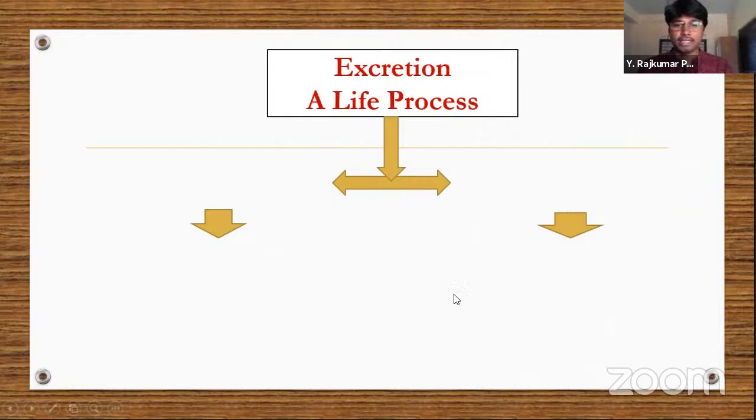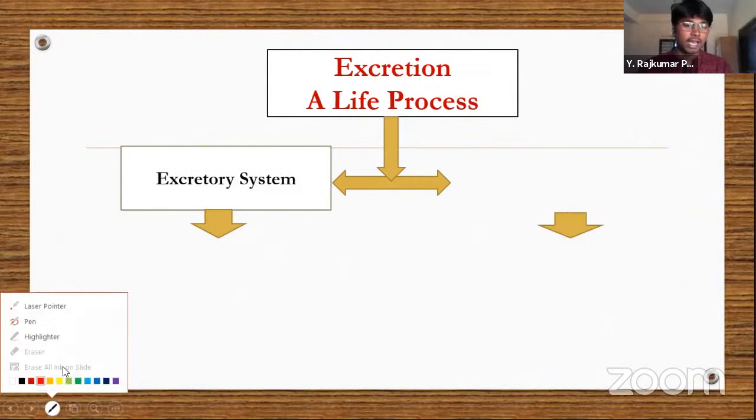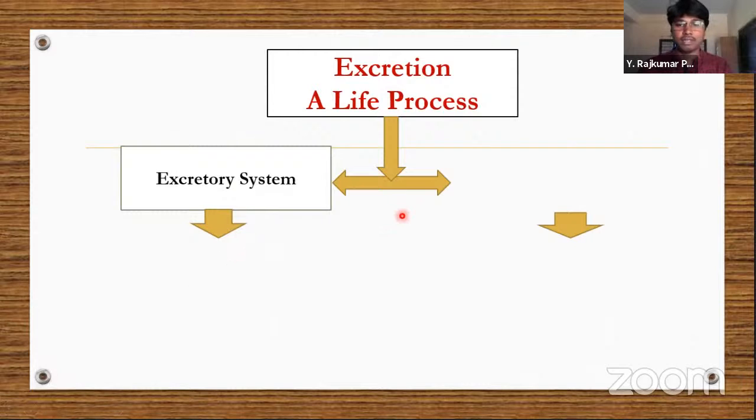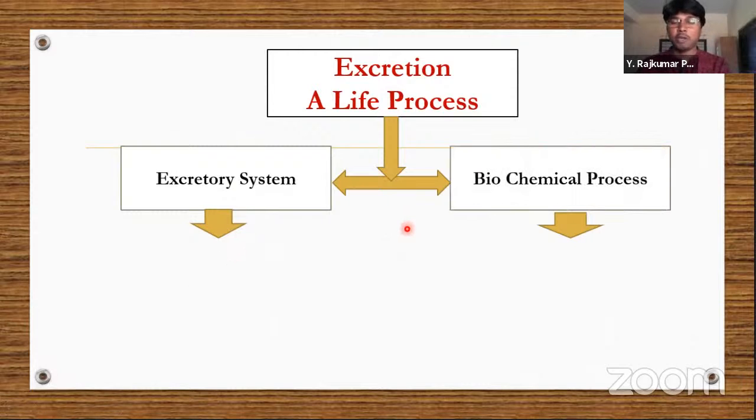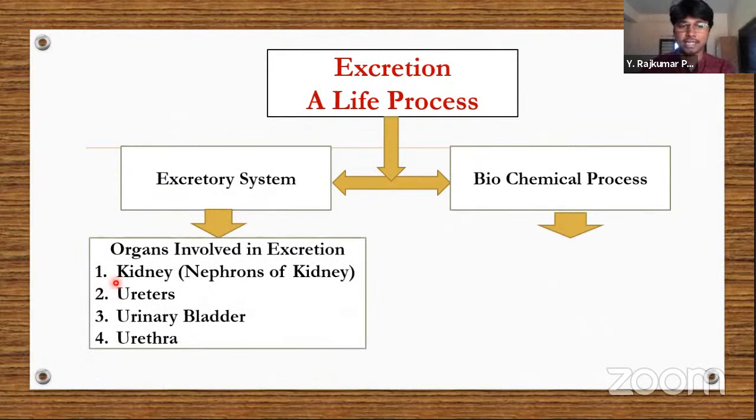Okay, and under the excretion, we learn about the excretory system and the biochemical process which is involved in the process of excretion. Under the excretory system, we learn about the different organs involved in excretion. They are kidneys, the most important excretory organs, and ureters, urinary bladder, and nephron.